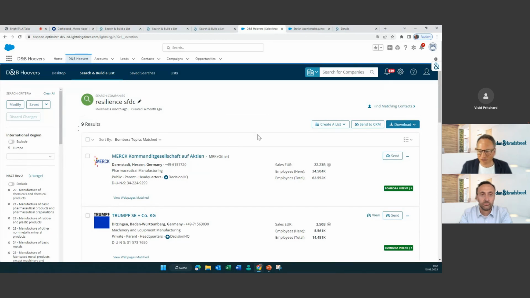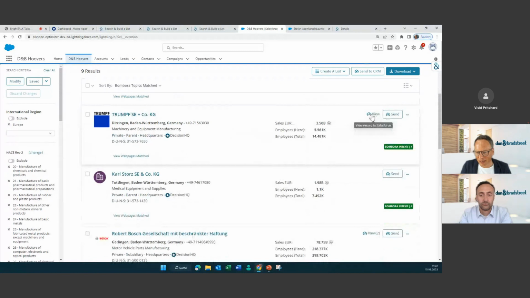And what's the big difference? Well, there's a button here saying send to CRM. And if you click on this one, then it will dedupe. But first of all, when you take a look at the results, you already see here that some of those 9 records are already in Salesforce.